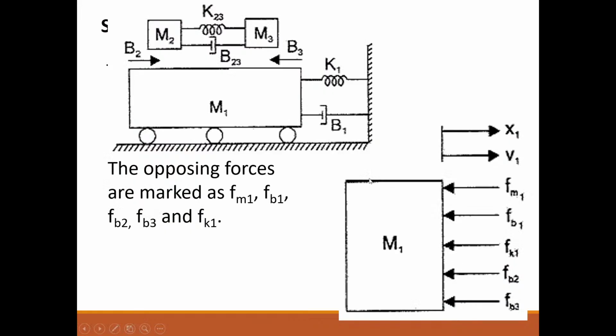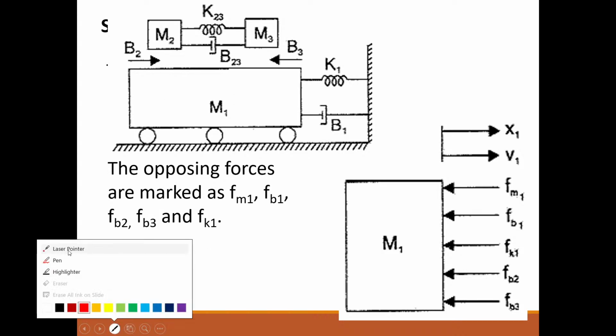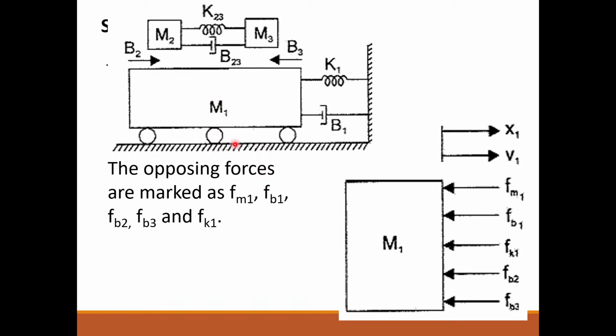In order to draw the free body diagram for this mechanical translational system, see, this is our M1. So draw a rectangular or square box and write M1 inside it. Now here, they didn't mention any displacement or velocity at M1 in the given diagram.